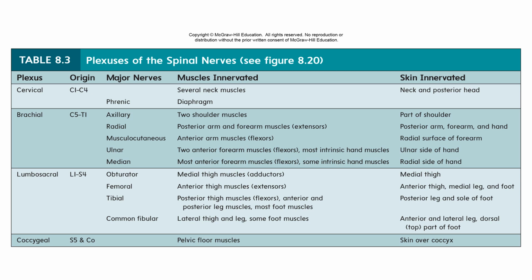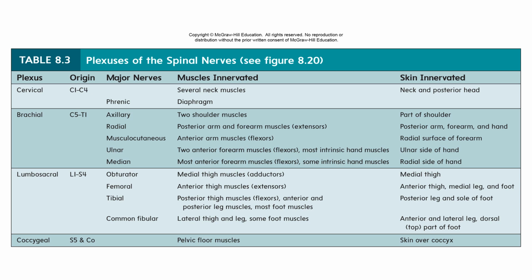so this is the summary of the plexuses of the spinal nerves. So just be familiar with the plexus, their origin, and of course the major nerves that are found and which muscles are innervated. So for example, for cervical plexus, you have C1 to C4. The major nerve is what you call your phrenic nerve. So what they innervate is the several neck muscles and of course your diaphragm.